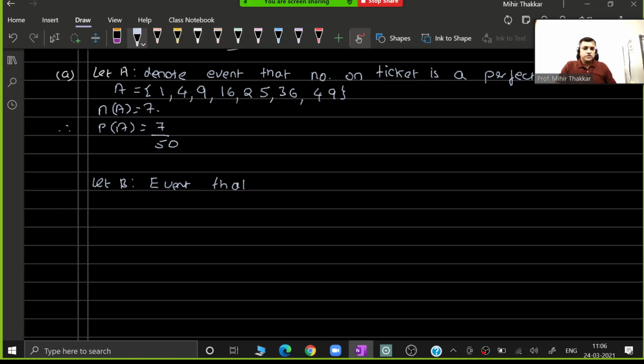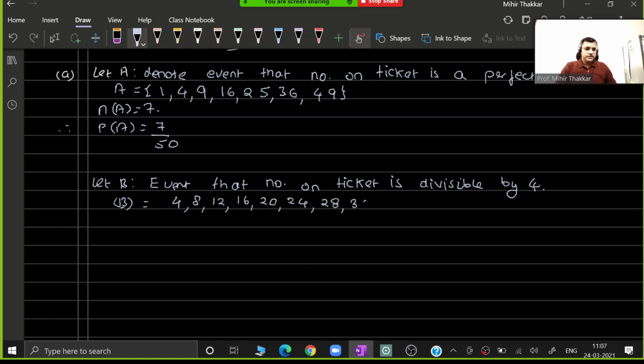So I require event B. B denotes the event that the number on the ticket is divisible by 4. So the possible outcomes inside my event B will come out to be like this: 4, 8, 12, 16, 20, 24, 28, 32 and 36, then it will be 40, then it will be 44 and finally 48.